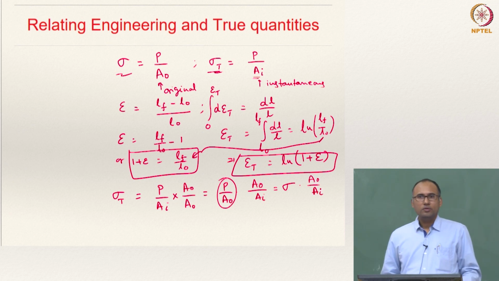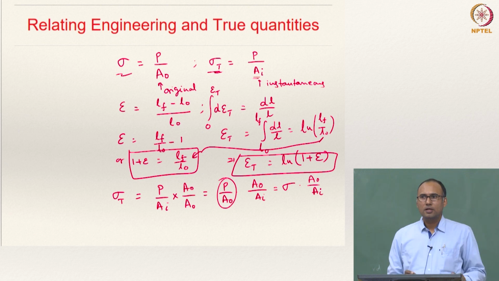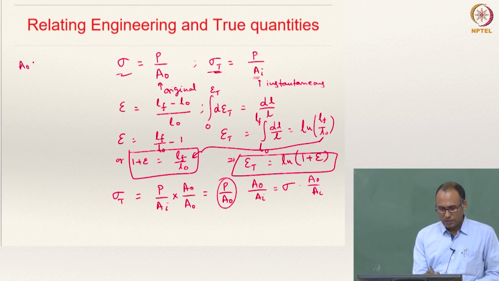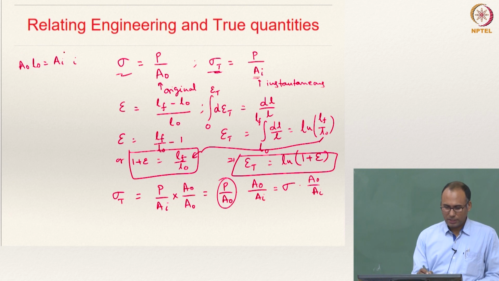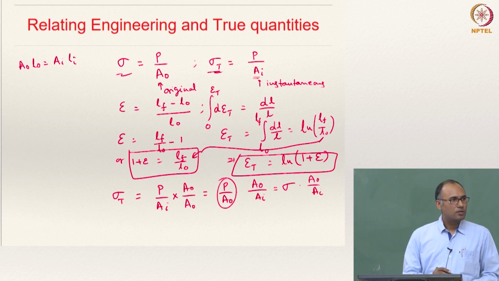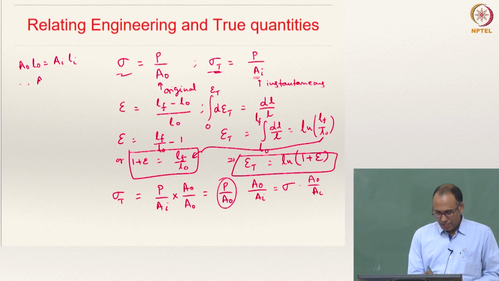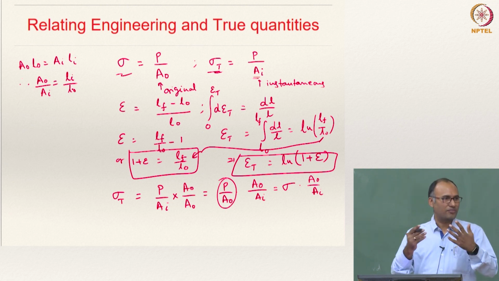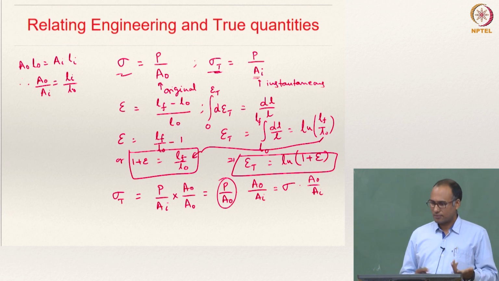And now we have discussed the volume constancy condition, which means A naught L naught must be equal to Ai Li. Okay, is that acceptable? So, that implies A naught divided by Ai will be equal to Li by L naught. Let us say this Li that we are talking about is LF, that means the final length, right.